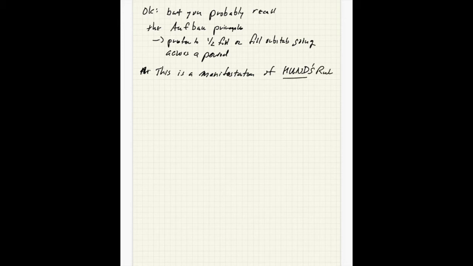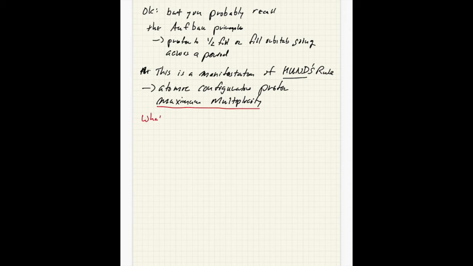Now, what this really is a manifestation of is Hund's rule. Now, this is actually named after someone. So what this says, we've already discussed this, is that the atomic configuration is trying to not have paired spins, because it turns out the maximum multiplicity is what we're looking for.